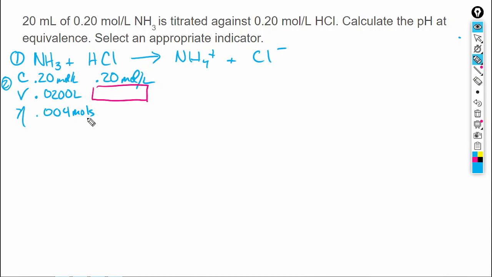What's step 3? Mole ratio. What is my mole ratio? 1 to 1. So I'm just going to put my 0.004 back in the table. I know that's a 1 to 1 mole ratio of NH3 to HCl.